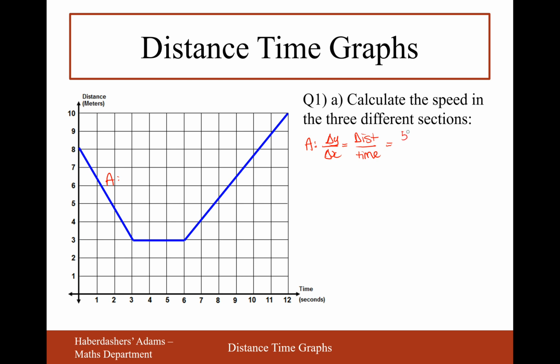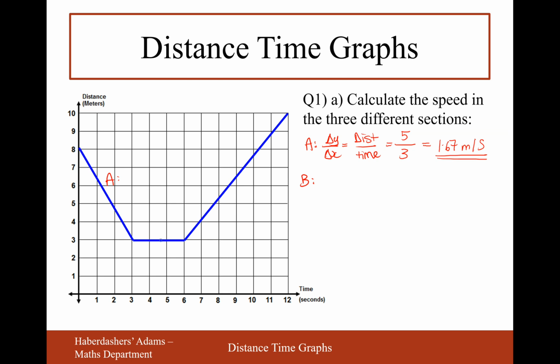Effectively, we've moved 5 meters closer to where we wanted to measure our distance from. And how long did it take us to do that? It took us 3 seconds, so 5 divided by 3. 5 divided by 3 is about 1.67 meters per second. So that's the answer to part A. In section A, those first 3 seconds, we travelled about 1.67 meters per second.